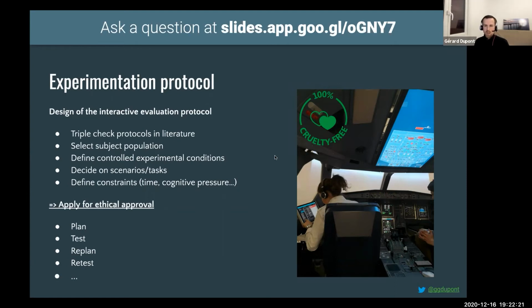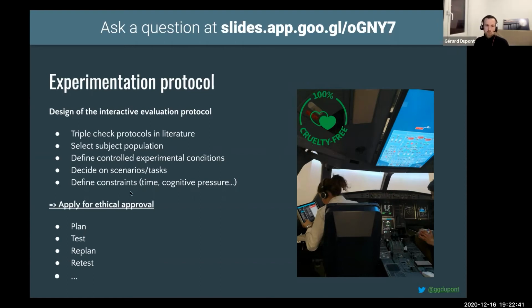But in the end it was approved. It's just to check that data is handled correctly, that the subjects of the study are correctly informed of what you will do, and that you are not stressing them too much during the experiment. In our case, I think it was okay. But it was actually quite stressful for some of the students.